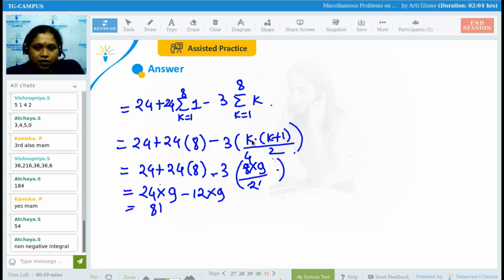Okay, 81 is the correct answer for this, just note down this answer. We'll cross check it in the next session in case there is something wrong.